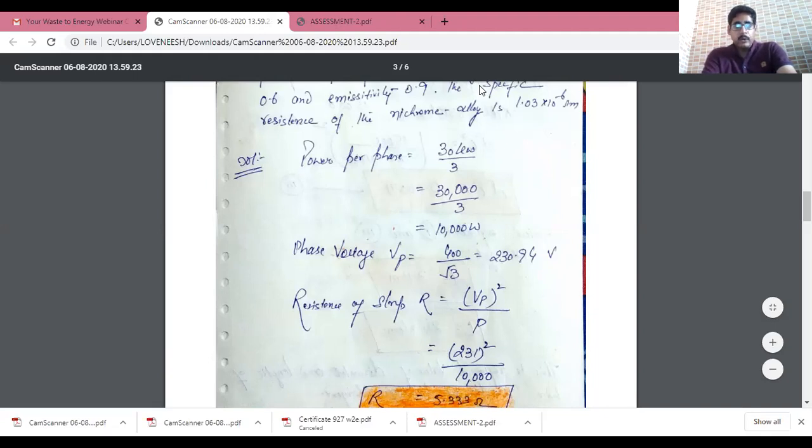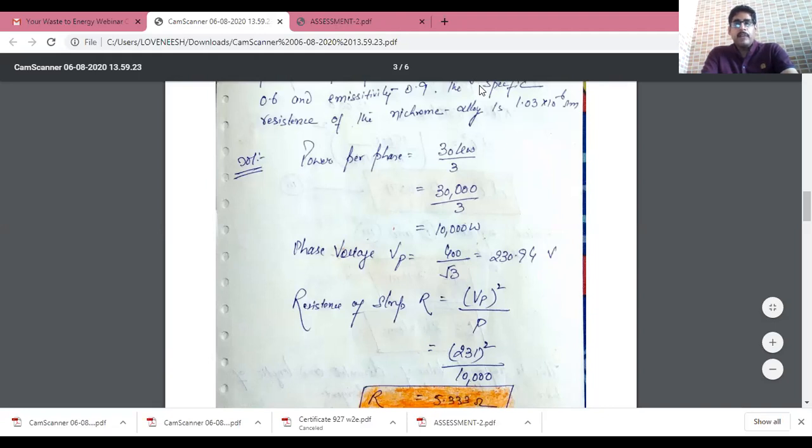Second, as we all know, the voltage given in the numerical is always a line voltage, and for calculation purposes we have to convert this line voltage into the phase voltage. This conversion depends upon the type of the connection, and here it is a star connection. So to convert line voltage to phase voltage, we divide it by root 3.